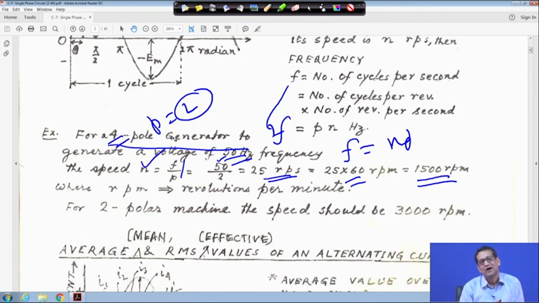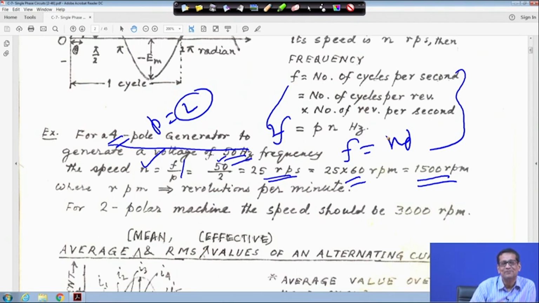I hope you have understood how EMF is generated before going to AC circuits, average value, mean value and other things. Instead of directly starting by taking E is equal to Em sin omega t or I is equal to Im sin omega t, I thought I would start a little with this kind of concept, so that our understanding will be a little better.